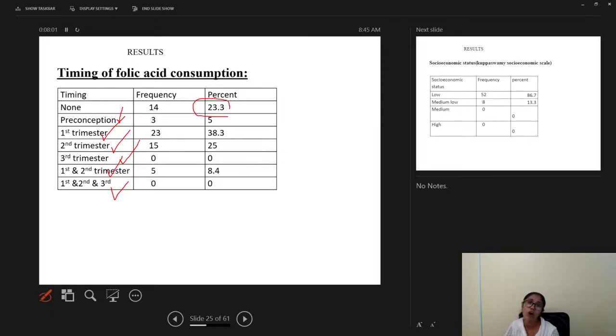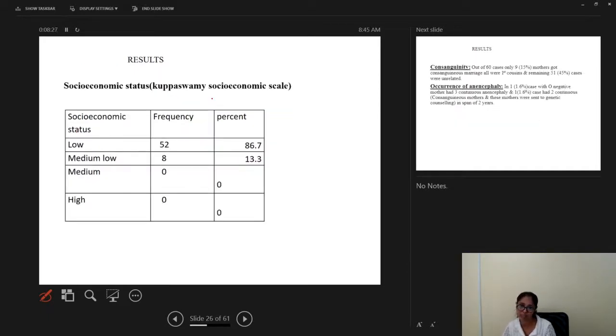To know whether the mother has taken folic acid or not, because folic acid is a very important component required for the development of the central nervous system. So it is very important for the mother to take folic acid, because there will be a lot of developmental disorders if there is any deficiency of folic acid. So it is very important to know about folic acid consumption.